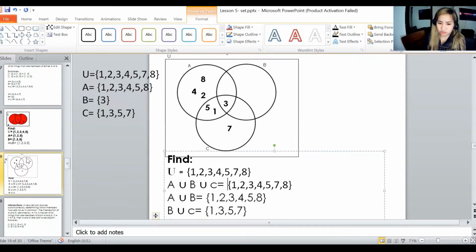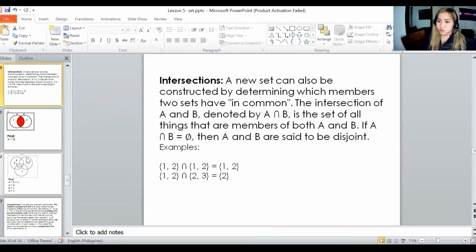Next, we have intersections. For the intersection, a new set can also be constructed by determining which members of two sets have in common. So kung ano daw yung pinagkaparehas or kung ano yung parehas nung given set, yun po yung magiging answer natin.